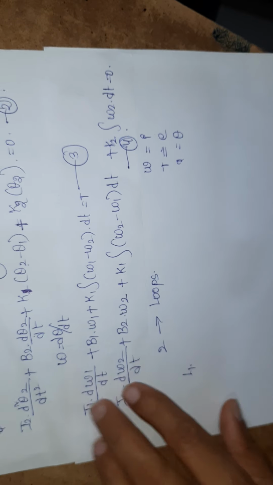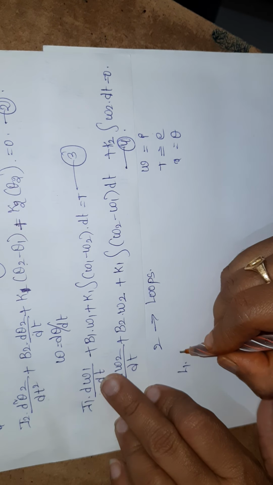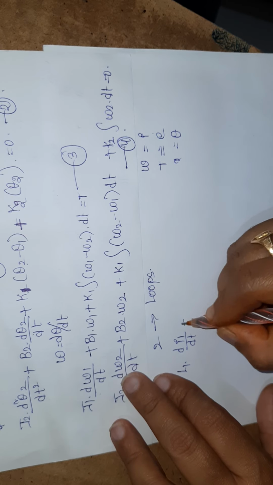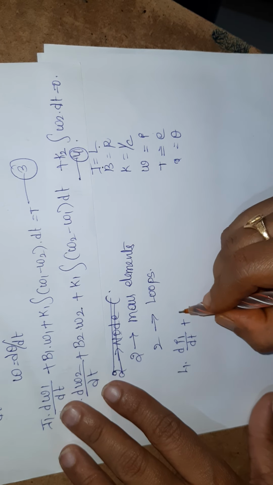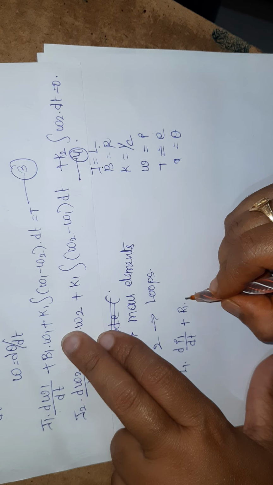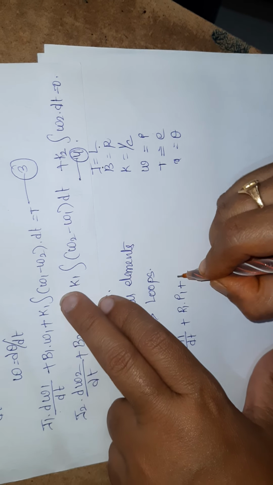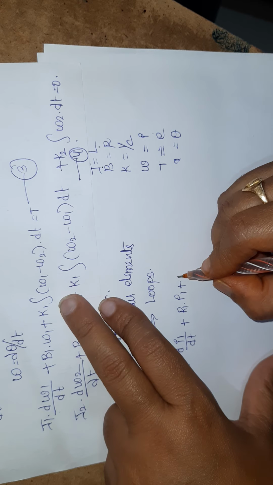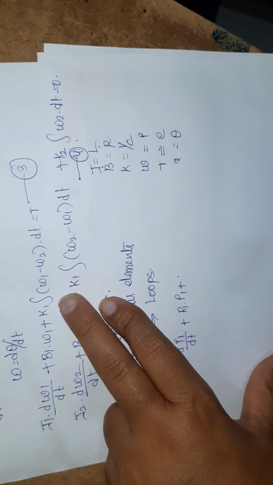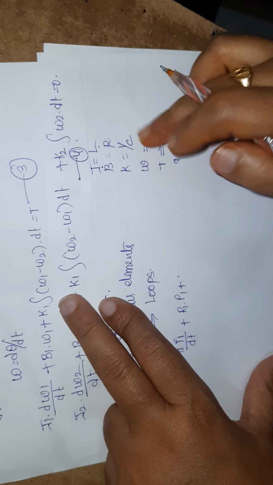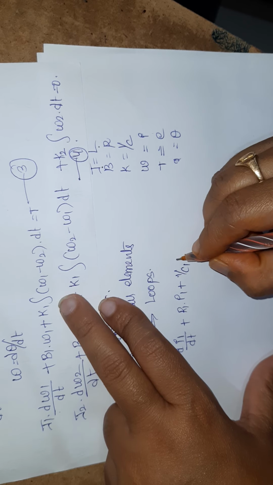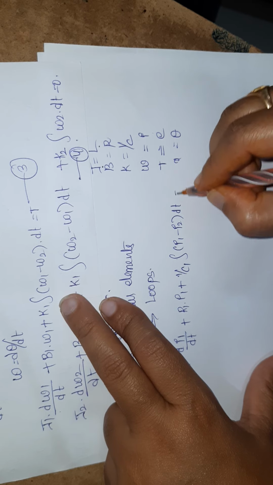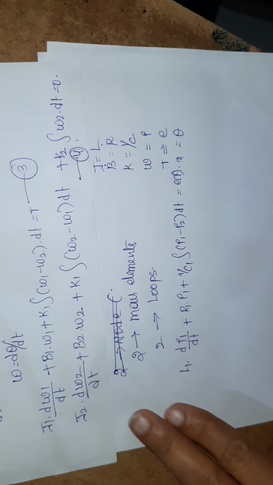So convert L1 dI1 by dt plus what is B, R1 omega 1, I1 plus what is K1? K1 is nothing but 1 by C1 integration of I1 minus I2 into dt is equals to E of t.